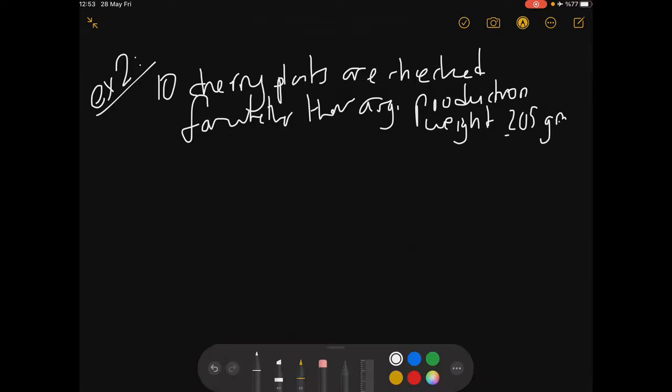Okay, is it around this or is it different? That's what we're checking. And the data is given to you like this. When you measure their weights, we will end up with these weights.